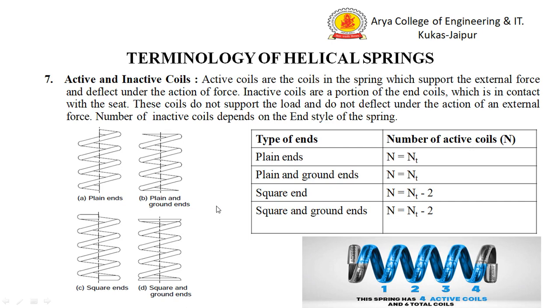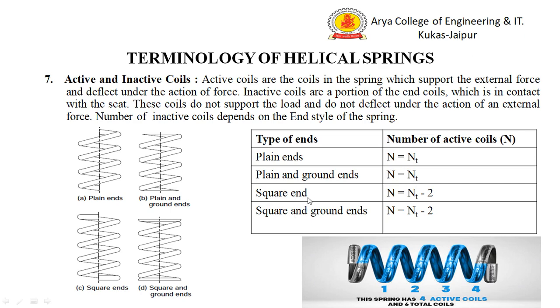There are 4 types of end styles of the spring: plain ends, plain and ground ends, square ends, and square and ground ends. This table shows the relationship between the number of active coils and number of total coils. For plain end and plain and ground ends, the number of active coils is equal to the total number of coils of the spring.